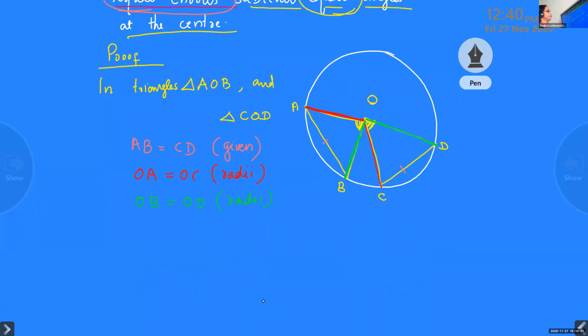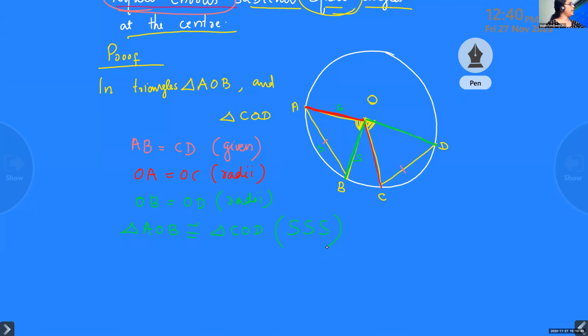Okay, children. Now, these triangles are congruent. Triangle AOB congruent to triangle COD. By which criteria, children? One side, other side, third side. So, which criterion? SSS is criterion. Now, any other part we can take.